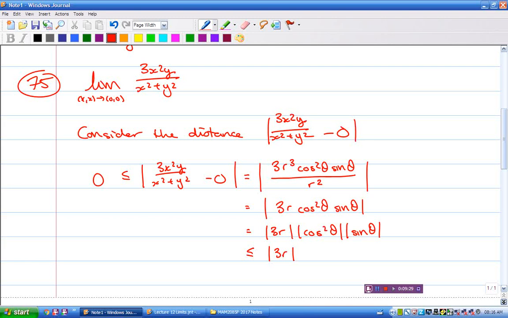Every expression has been equal to the preceding one. So that thing with the x's and y's is equal to that thing with the r's and the cos's, which is equal to the line below, which is equal to the line below, but only on this bottom line have I replaced the cos theta and the sine theta with their maximum amount, and hence introduced an inequality.